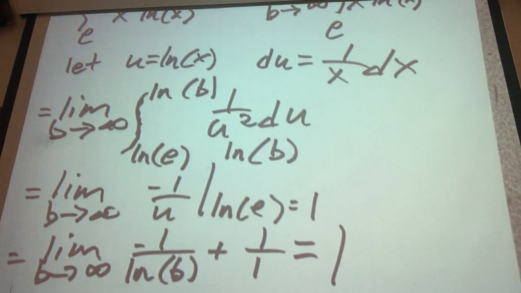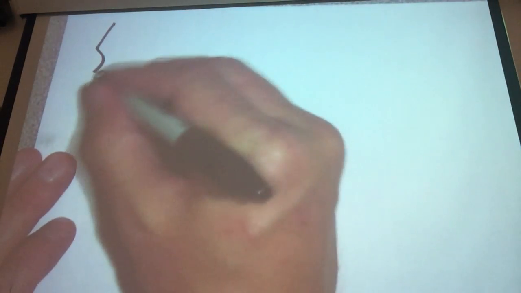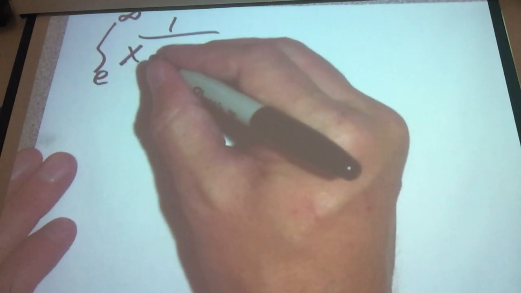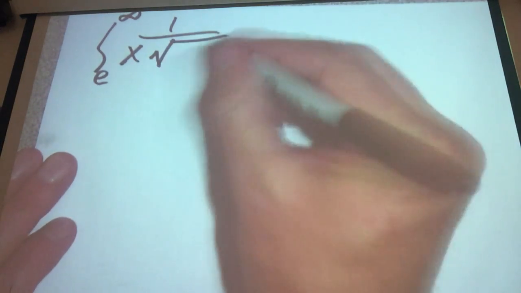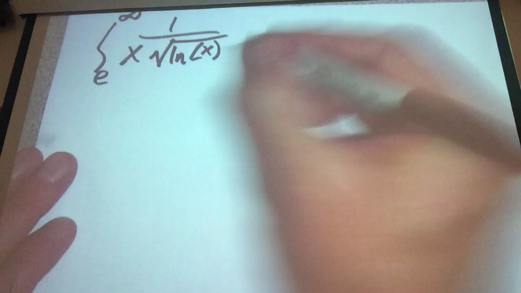All right. Now, let's try this with p, which is less than 1. Okay? We're going to have to stay on the same domain, though. Let's say we wanted to do the integral from e to infinity of 1 divided by, now x, let's say square root of the natural log of x, and we want to integrate this with respect to x.